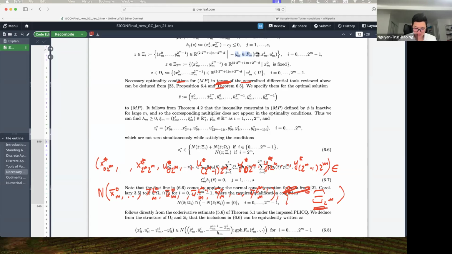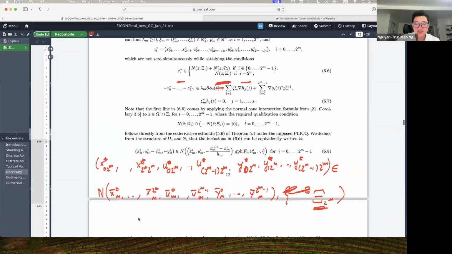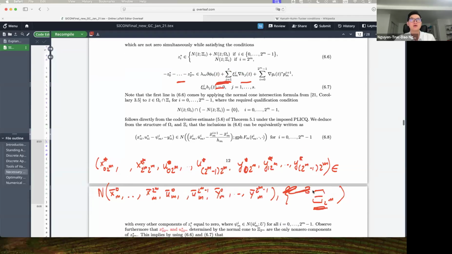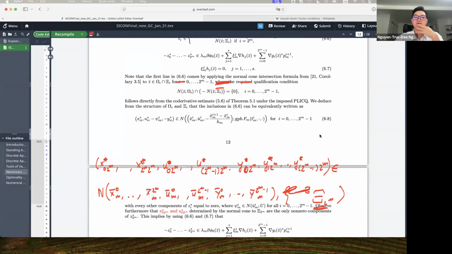Whenever you see such constraints, you have to make sure that this number must be 0, because when we have very strict assumptions and want to make sure an element belongs to that set, that element will be 0.